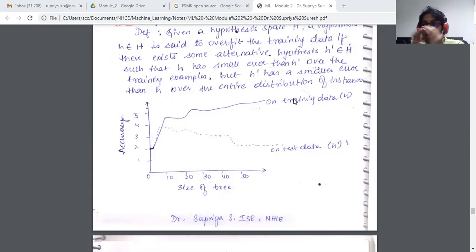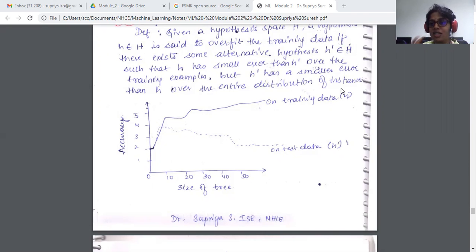But when it comes to the test data, if I find that H dash has a much smaller error than H over the entire set of samples, the interpretation differs. H dash has a smaller error than H over the entire distribution of instances.